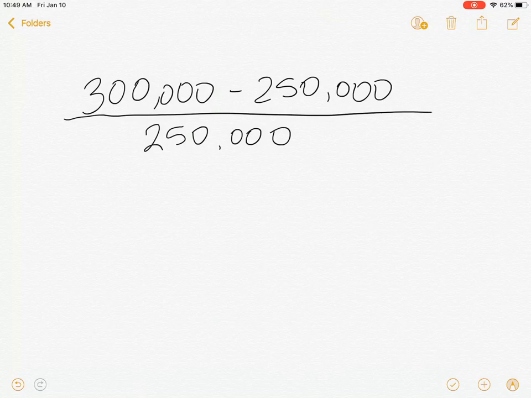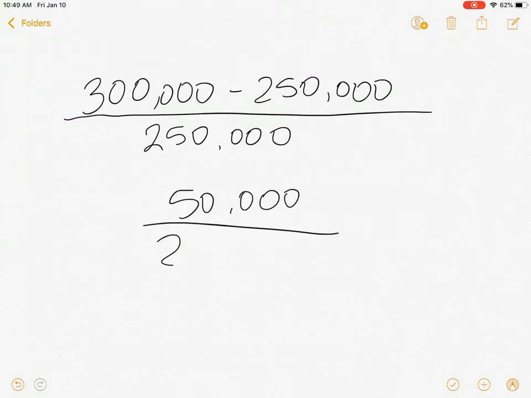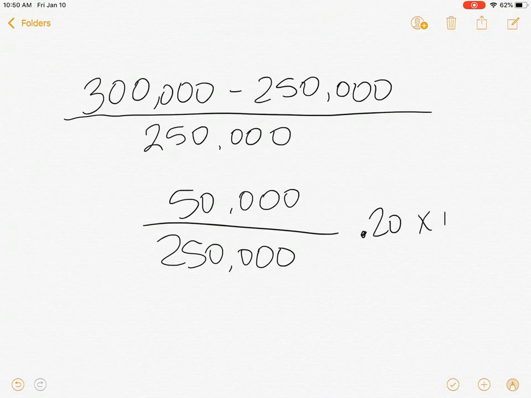So that comes down to 50,000 divided by 250,000. Using a calculator, 50,000 divided by 250,000 is 0.2, and then just like any other percentage, you multiply that times 100, and so now we have a 20% variance.